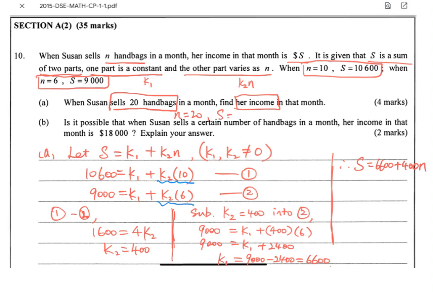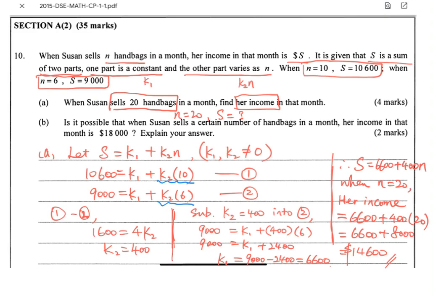So you need to find the value of S. So when n equal to 20, her income equal to 6,600 plus 400 times 20. So that is 8,000. 6,600 plus 8,000 is 14,600. Okay, so this is her income, part A's answer.